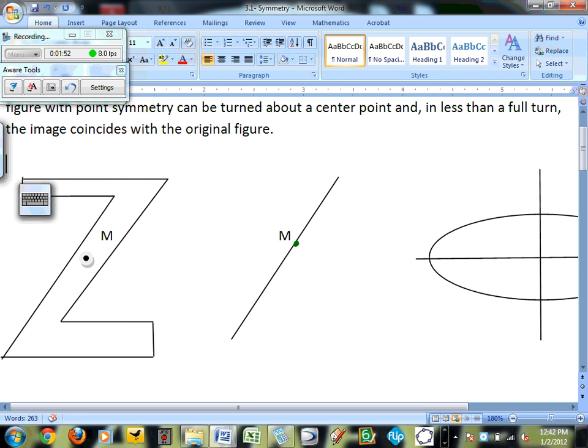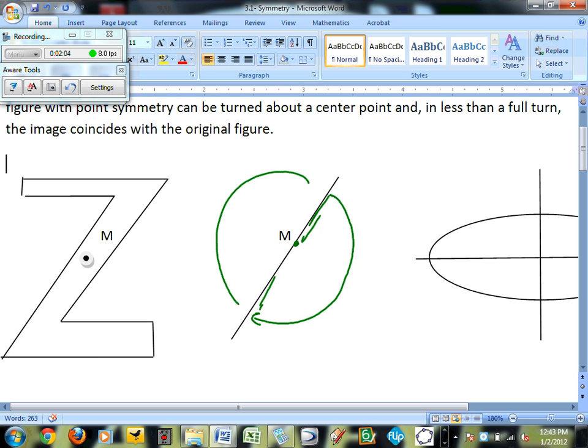If I were to turn this way, it doesn't matter, clockwise or counterclockwise, say I turn this thing this way, all right, this portion of the line here would become this portion of the line, and the same part, I'd take this, and it would turn and become all the way over here. All right, so in less than one full turn, in 180 degrees, I spun that thing, and it was still the same shape.